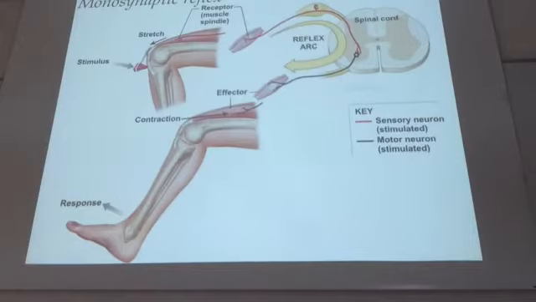As the spindles in the muscle stretch, to prevent a tear of the muscle, the reflex is to contract the muscle itself.